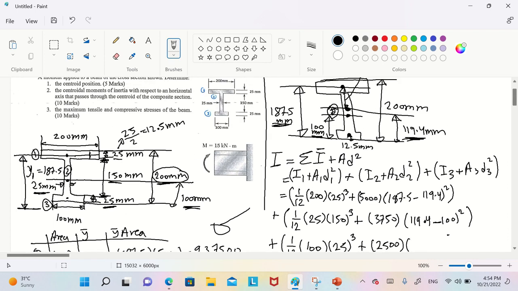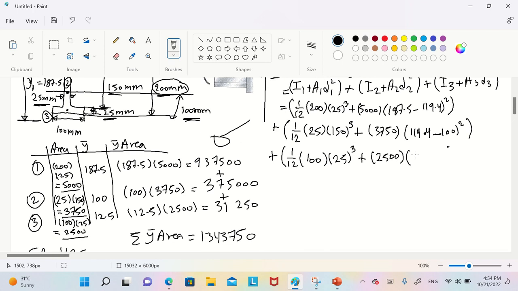Now the distance between the center of the third to the center of the whole thing, the distance between them is 12.5 minus 119.4, or 119.4 minus 12.5 to get the distance over here.